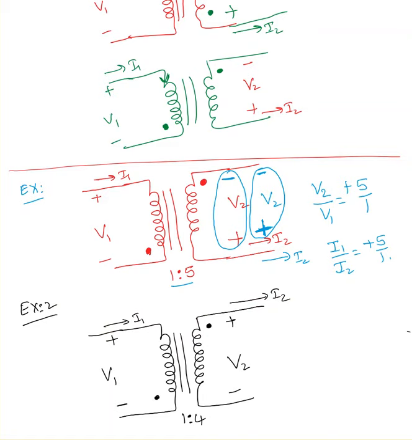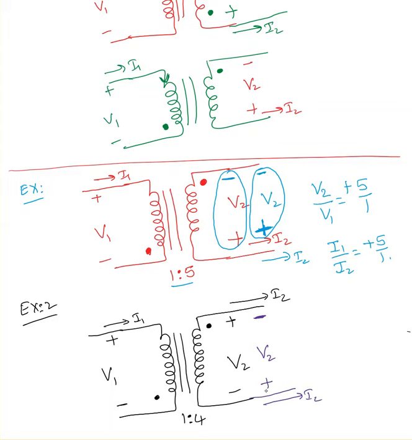Now, say for example, he gave you the opposite side. So here is another example. In this example, it's a 1:4 ratio transformer. Now, according to our calculations, we'll find our V2. Current is leaving the dot, so the dotted terminal must be negative. So for V2 you must have a negative there and positive here, and your I2 is supposed to leave this terminal.